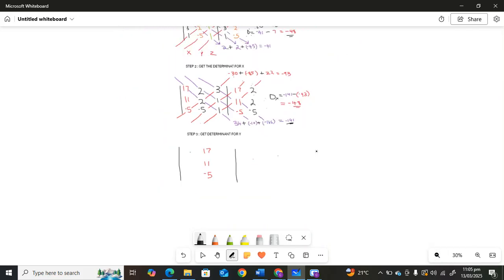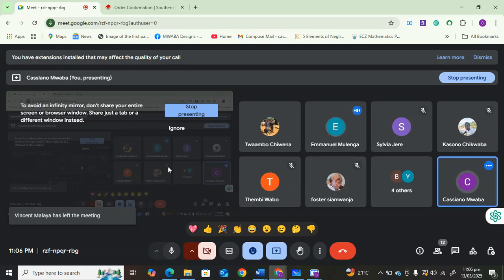So just remember, this moving column starts when you start your determinant for x. When you're getting your overall determinant, you're not moving a column.